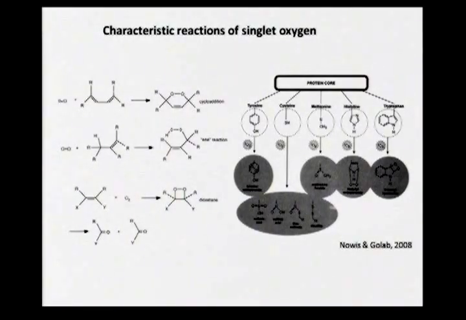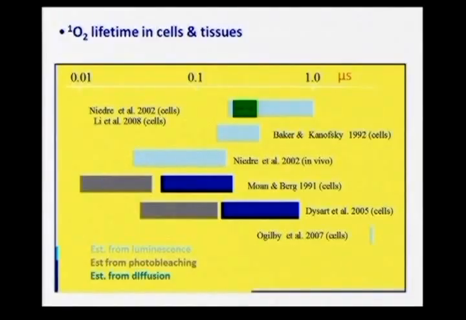And in fact, it has been shown that if you can get a photosensitizer into the nucleus, it's about 1,000 times more effective in cell killing than if it does not go into the nucleus. So there are many processes that can happen at the photochemical level, and there's lots of literature on this. I won't go into details.